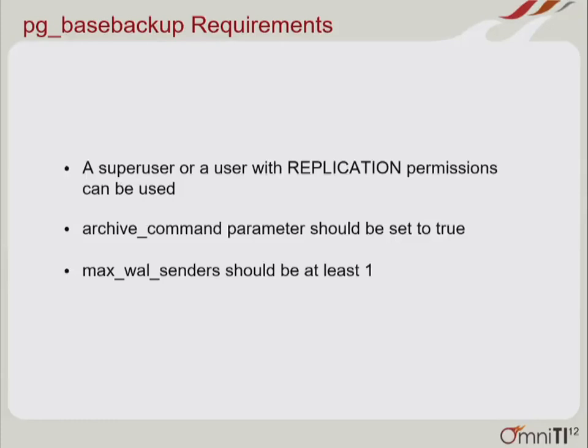Why 2 is because let's say you already have a streaming slave that is streaming WAL logs from master. That's what is going to take up the 1 slot of max_wal_senders. So if you're using pg_basebackup for a separate daily backup, it's going to happen in addition to the 1 channel that's already being taken by your streaming replica. So you need a second one for that.